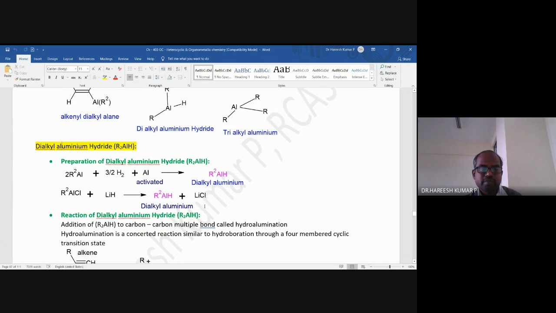So preparation is possible by two methods: one is the reaction of dialkyl aluminum with hydrogen in the presence of activated aluminum, and the other is dialkyl aluminum chloride with lithium hydride.